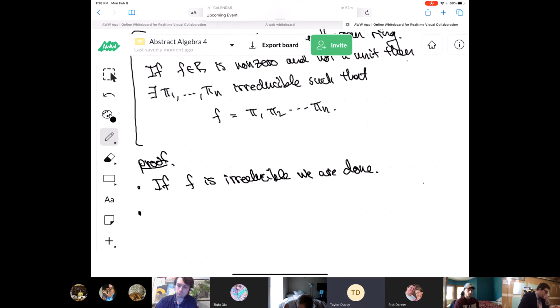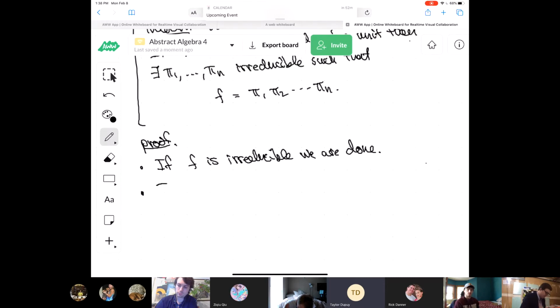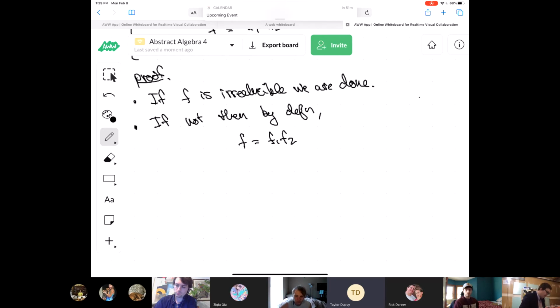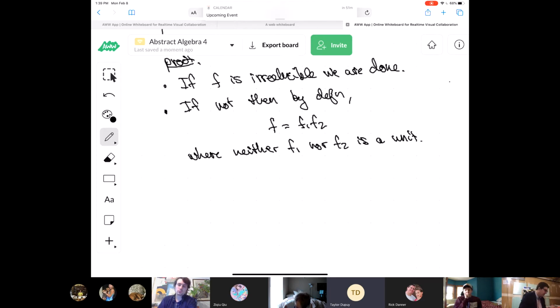If f is not irreducible, then by definition we can write f is equal to f1 times f2, where neither f1 nor f2 is a unit. And now we're just going to continue this process.